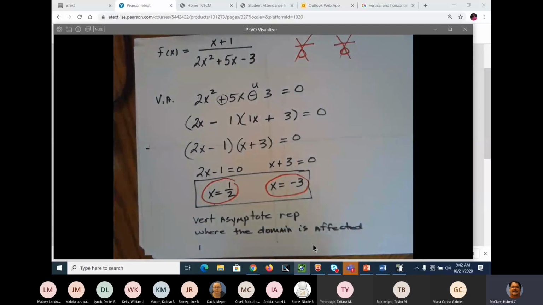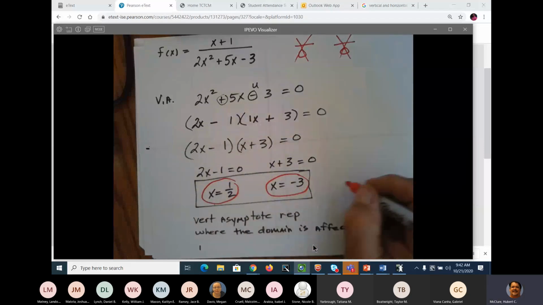So I can't use 1/2 and -3 in the domain. So the domain is going to equal all numbers except for 1/2 and what? -3. So my domain is affected by these two numbers.